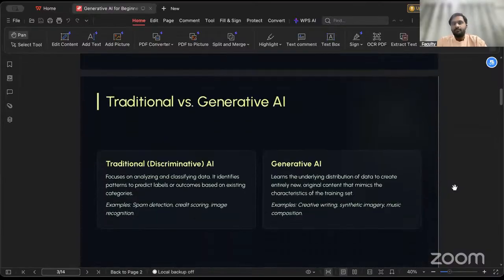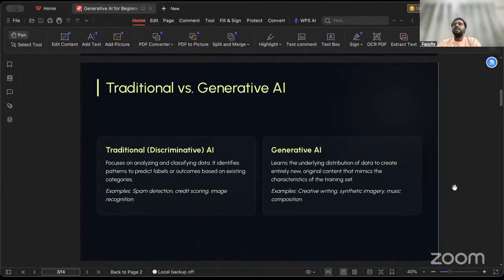Very important thing is we should first understand the primary difference between the traditional technique and generative AI. We used to have techniques which helped us perform tasks like classification.